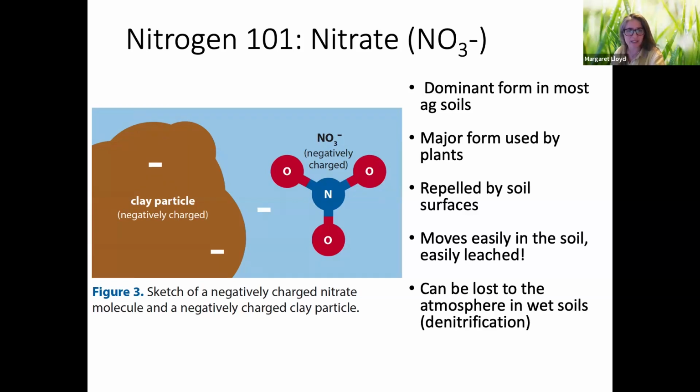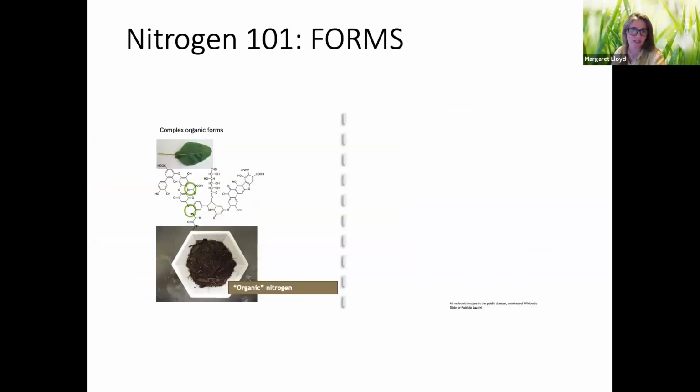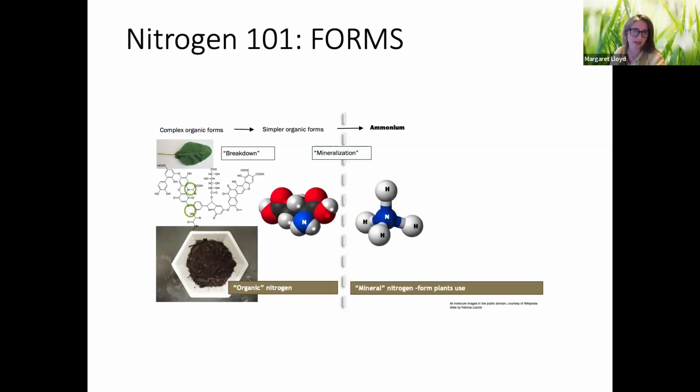And what makes it unique in organic production is that most of the forms of nitrogen that we're adding are in these really complex organic forms. They're in living or dead plant tissue, they're in compost, they're in fertilizers, and it requires a breakdown into simpler organic forms and mineralization to plant available forms of ammonium and nitrate.